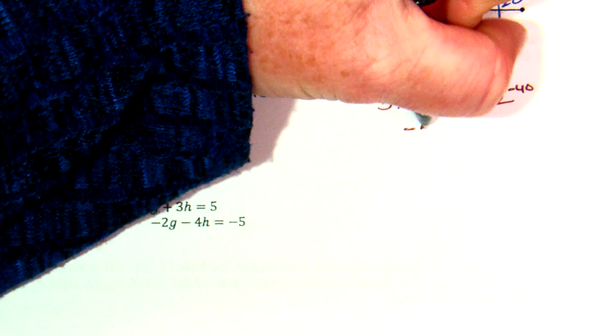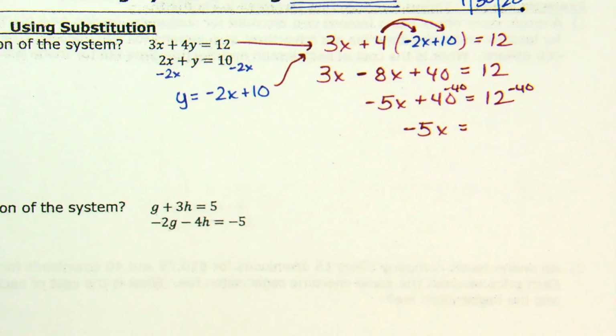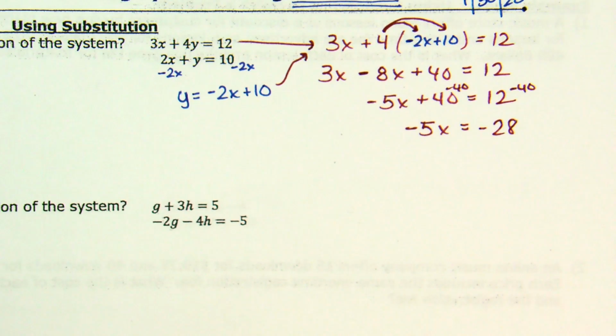Negative 5x equals 12 minus 40. Negative 28. And final step to solving. If it's negative 5 times x, divide by negative 5.